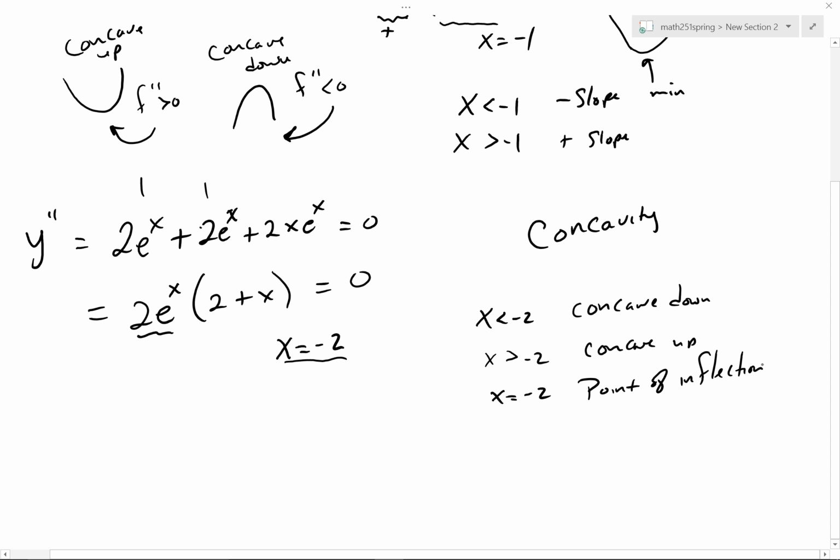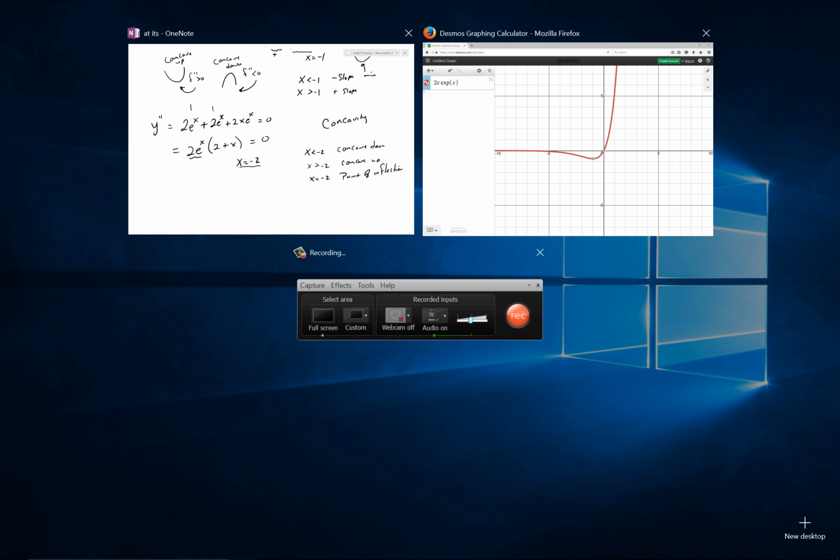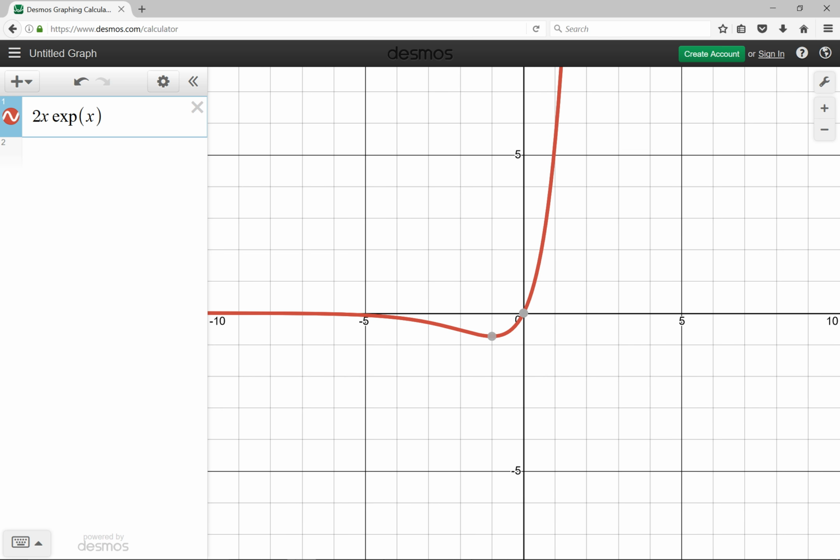That is where it changes from being concave one way to concave the other way. And you can see, friends, that right here at -2 is when it changes from opening downwards to opening upwards.